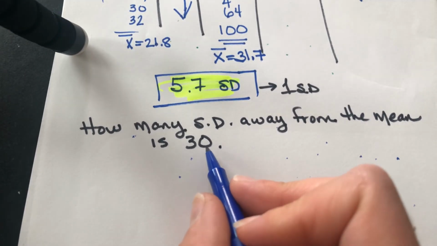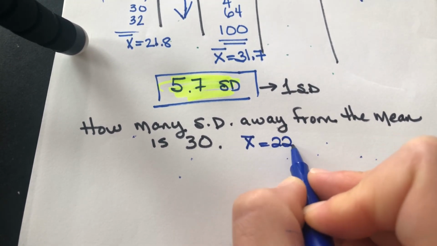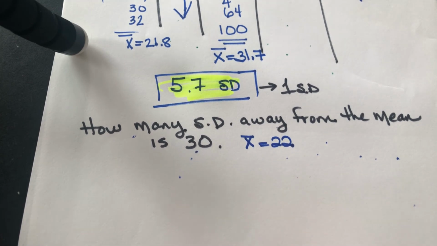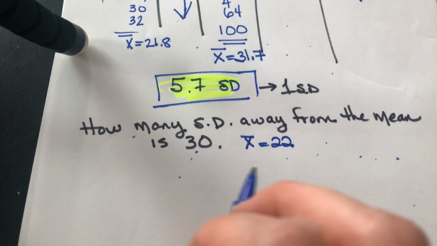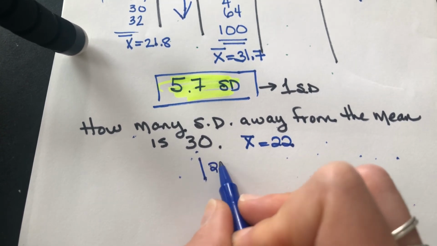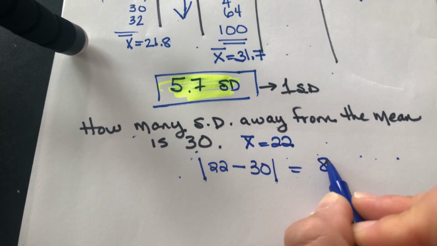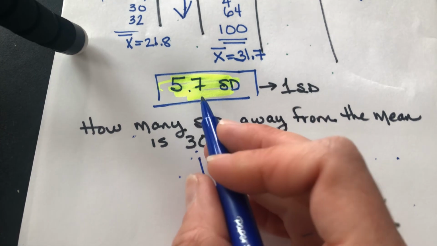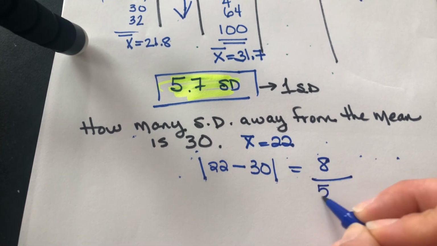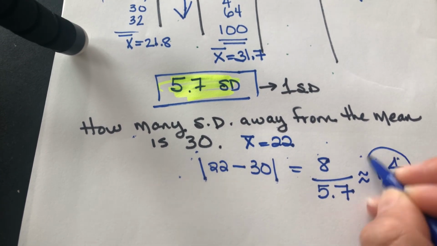Well, think about that. What is the mean? The average was 22. Standard deviation is going to be positive. So here's what you guys are going to do. The absolute value of your mean minus what I want, which gives you 8. And then, one standard deviation is 5.7, so take it and divide by 5.7. There you go. And you get 1.4.